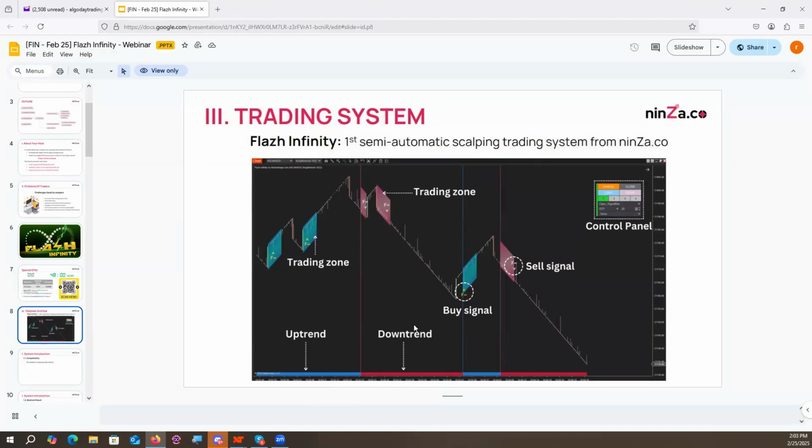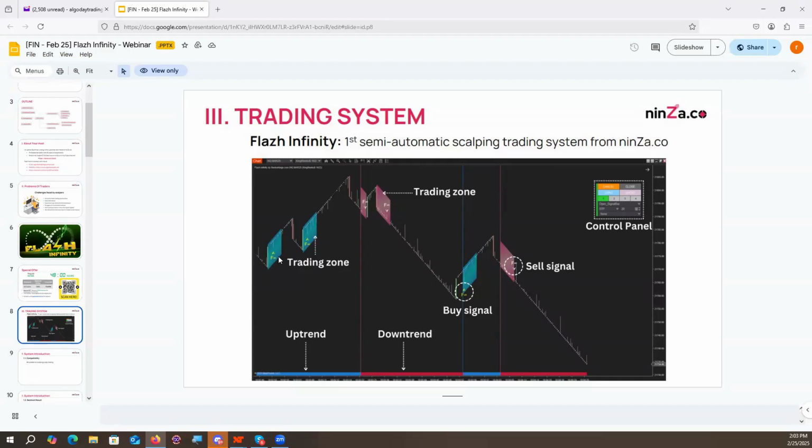Now, here is how it generates a signal. It generates a signal by waiting for a pullback. It's an intra-bar pullback, and that's why it is best for the King Renko bar. In the case of a long, it would wait for price to come down, but without the bar closing down.